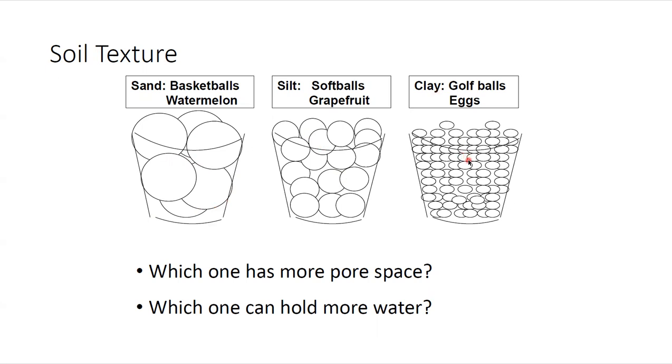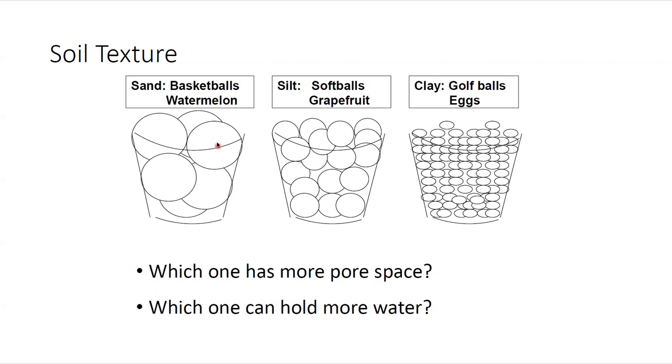But the reality of it is, by volume, the golf balls or the clay has way more pore space, and so it can hold way more water. So the answer to both these questions is clay, or golf balls or eggs, depending on which way you want to look at it, right?